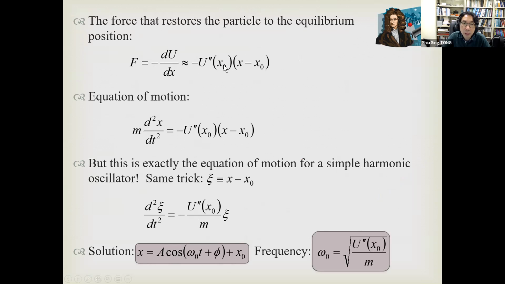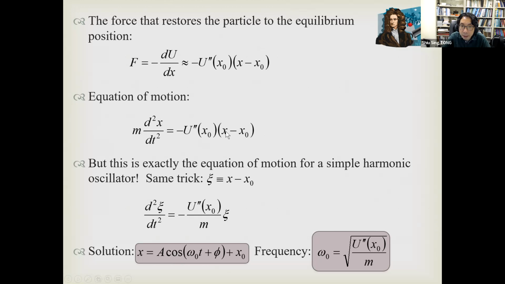Now, let us write down the equation of motion. By Newton's second law, the mass times acceleration is the force, and the force is now given by this, right? So you can see this is essentially simple harmonic motion. We do the same trick as before. Let's change our variable. Instead of writing the equation in terms of x, we would like to write it in terms of the variable c, which is x minus x naught.